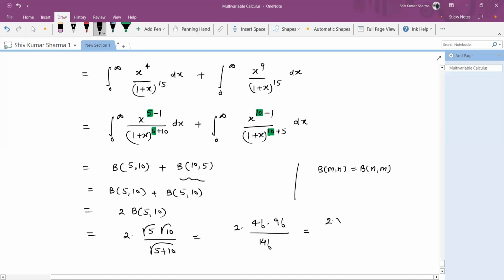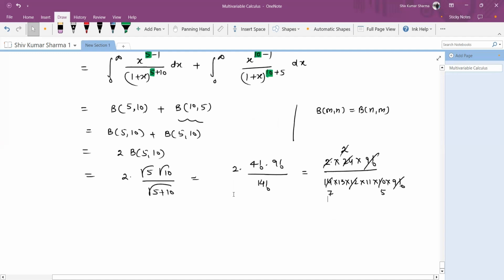So 2 into 24 into factorial 9 upon 14, 13, 12, 11, 10 into 9 factorial. So 9 factorial and 9 factorial cancel. 12 twos are 24, 2 fives are 10, 2 sevens are 14.